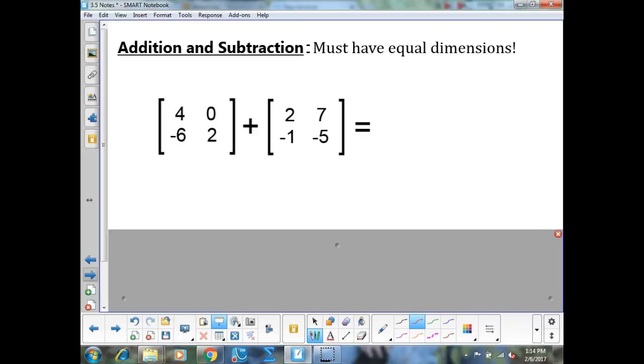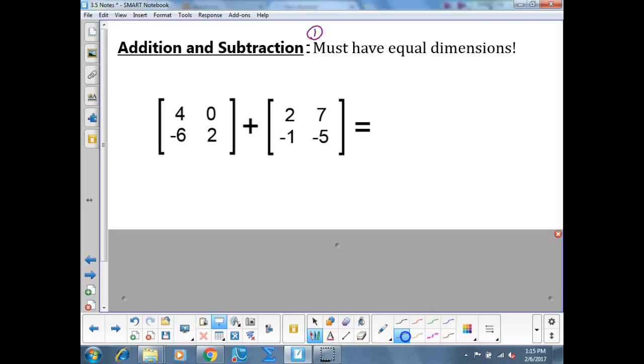First, you've got to make a check. And that check is they must have the same dimensions. If the 2 matrices do not have the same dimensions, you cannot add or subtract them. Okay?